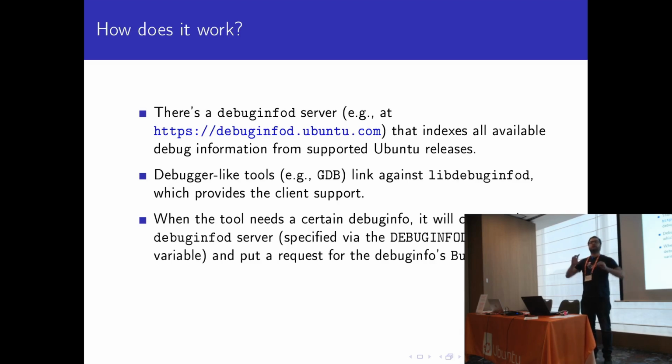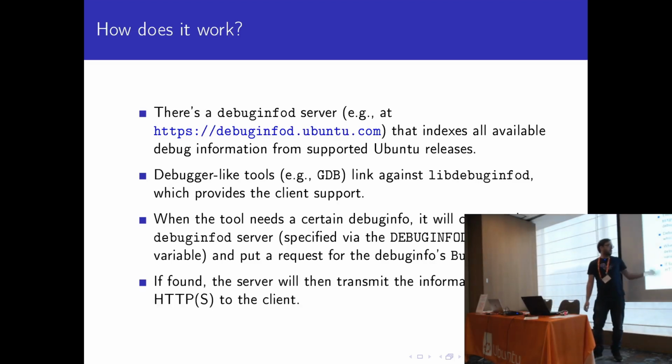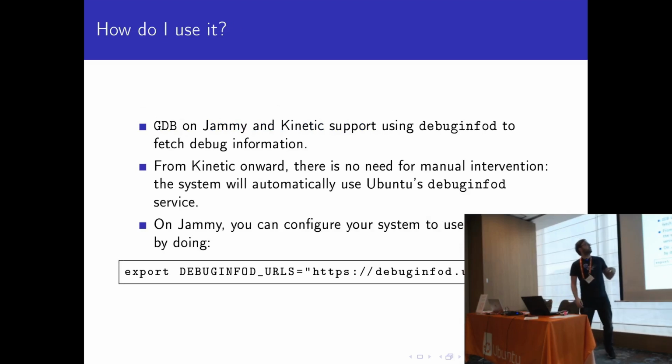GDB knows about the binary and its build ID, so it just requests, hey, give me the debug info for that build ID. The server has the build ID, but it doesn't know or care about the binary. It just sends the debug info over the wire, in our case over HTTPS. And that's pretty much it. It's a simple concept.